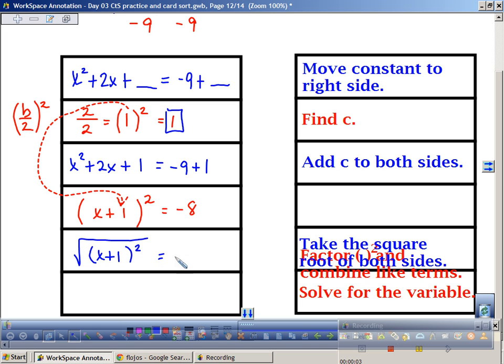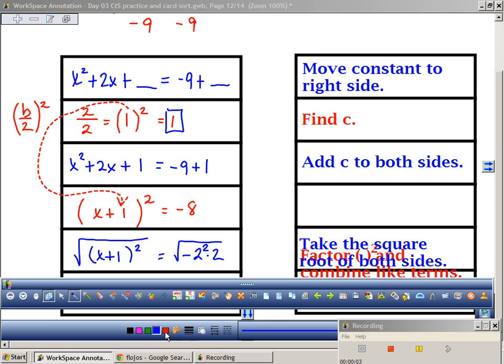I know. Unfortunately, I don't know why right now. Okay, as I do this step, I'm going to factor at the same time. So I've got a negative 2 squared times 2. Good job. So let's kick out our squares.